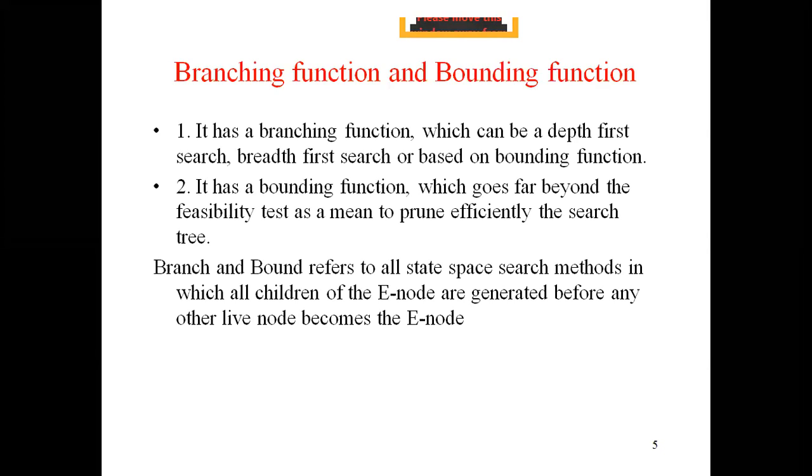It goes far beyond the feasibility test as a means to prune the search tree efficiently. In the search tree, suppose any of the paths will never reach the solution, then we can cut that particular path. So branch and bound refers to all state space search methods in which all children of the E node are generated before any other live node becomes the E node.